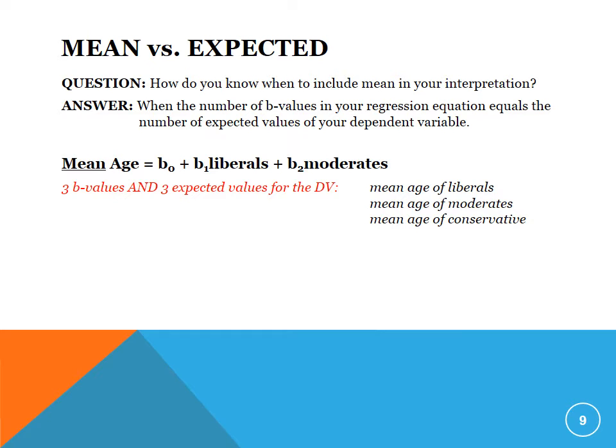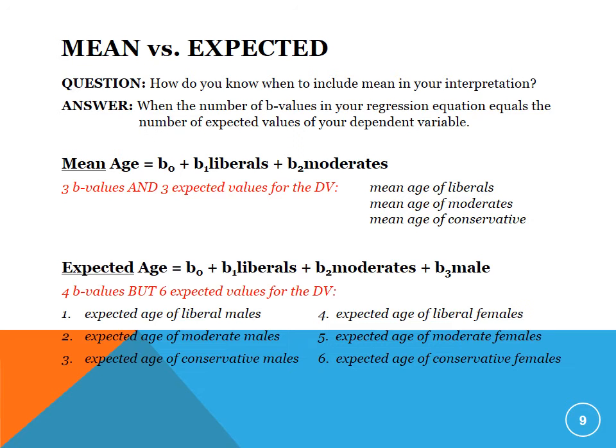So in our Excel spreadsheet, we would see all 3 of them, and the stats program would spit out one of the variables in order to use it as a comparison, as your reference group. Okay, so our 3 expected values are the mean age for liberals, for moderates, and for conservatives. All right, now let's look at another example.